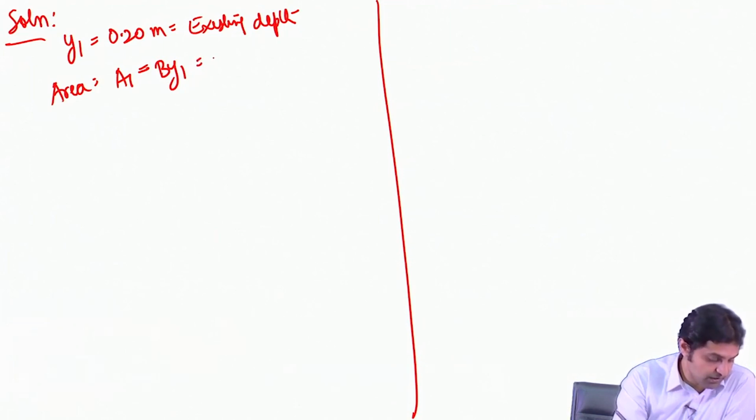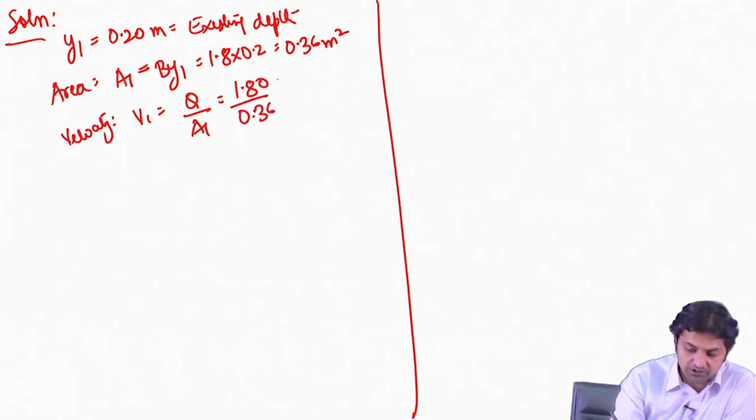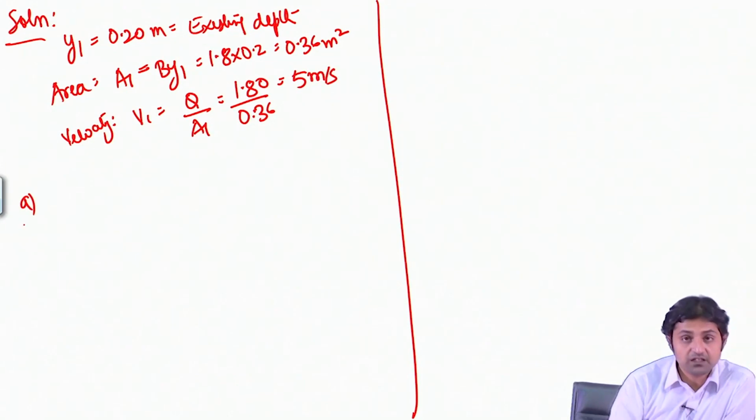B is already given, width of 1.8 meter. So, it is 1.8 into 0.2, that is 0.36 meter square. So, velocity V1 is simply Q by A1. Q is given 1.80 and area we know is calculated 0.36, and this gives us 5 meters per second.